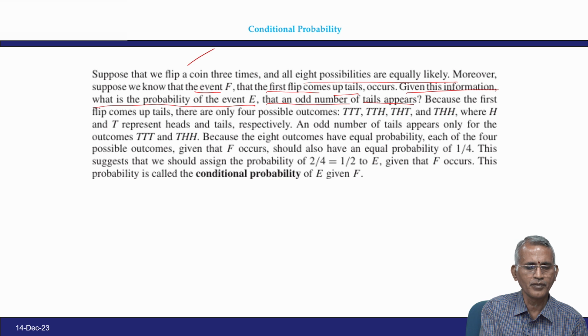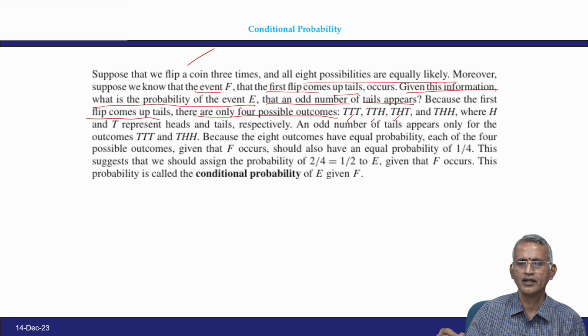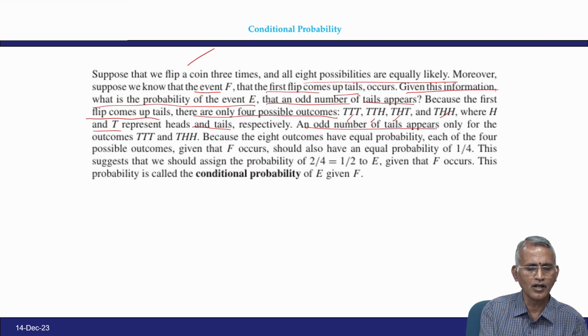Because the first flip comes up tails, there are only 4 possible outcomes, that is TTT, TTH, THT and THH, where H and T represent heads and tails respectively. An odd number of tails appears only for the outcomes TTT and THH.